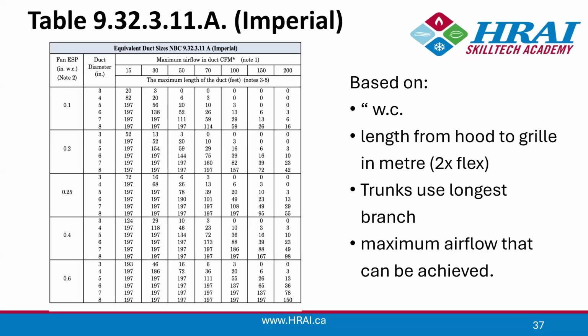So here's the imperial version. And what I like about this is it's easy for everyone to confirm that the sizing is adequate. So you don't have to be a designer to use this table. If you're an inspector or if you're reviewing a design or an installation, you can walk through and make the calculation yourself and have a look at the table to just make sure it's okay. So it's pretty easy. It makes it flexible for everyone.